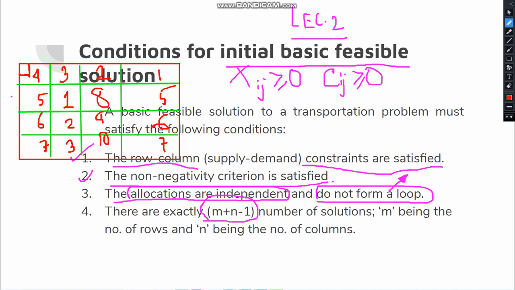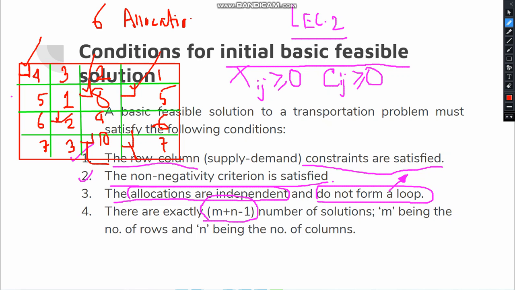I am not writing the quantities. How many allocations are here? This is the first, the second, the third, the fourth, the fifth, and the sixth. So there are 6 allocations.